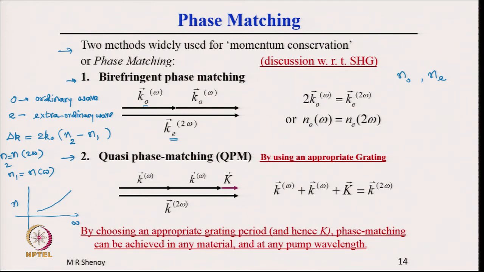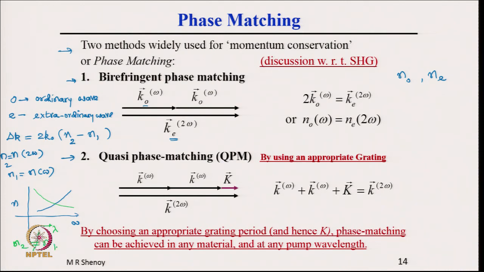Or if you plot as a function of wavelength, as wavelength increases, the refractive index decreases, like this for any normal dispersive medium, and therefore we can never have n 2 equal to n 1.